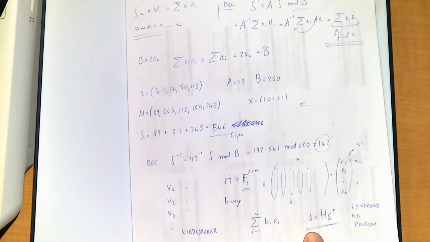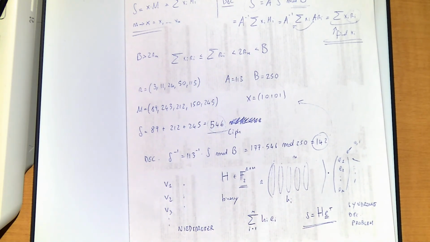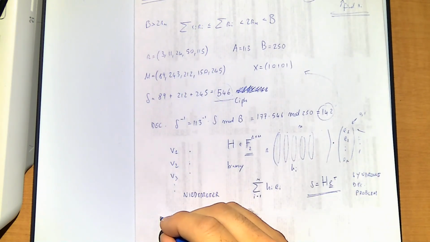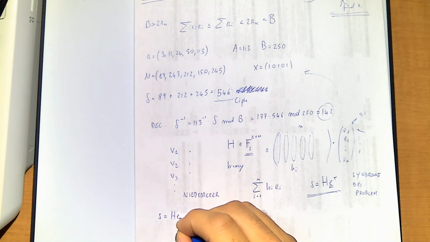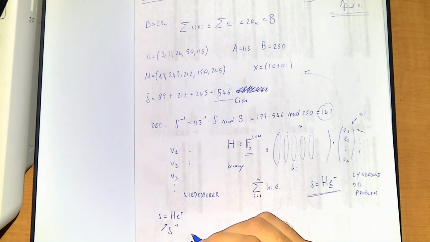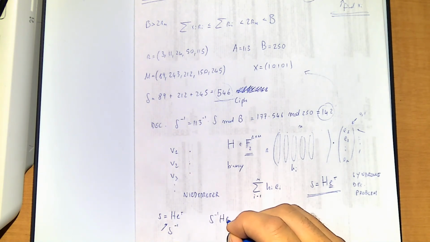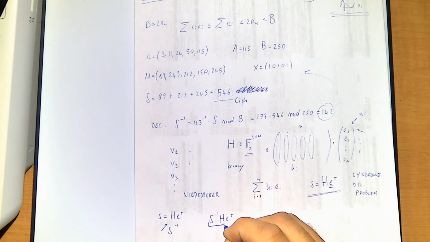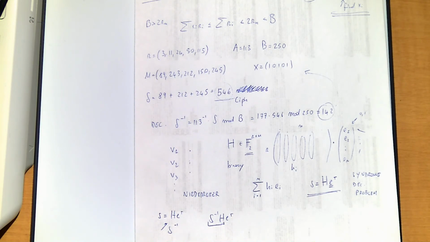I remember what I do when I am presented with my ciphertext in Niederreiter. I unscramble it, right? I have a ciphertext S, which is H times E, and what I do is multiply this by S inverse, right? So that I get S inverse H times E. Now this thing is some sort of linear code that I know how to decode, right? And that's the same as what I do here.